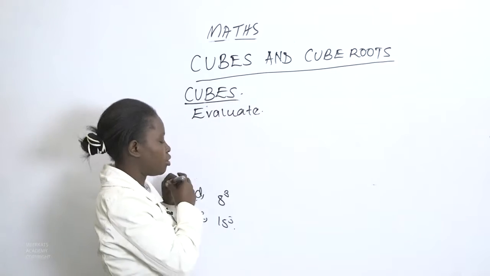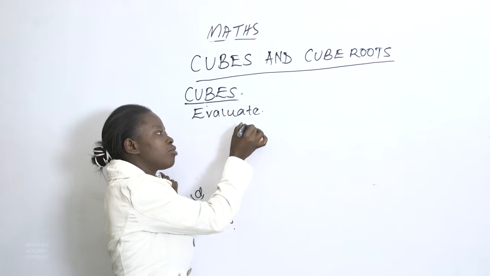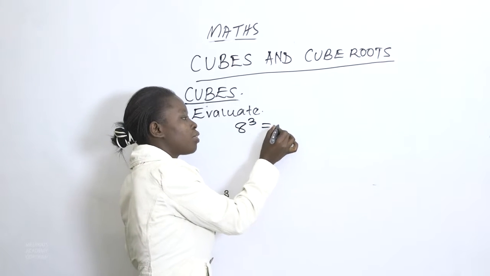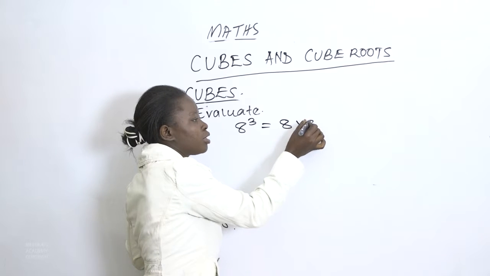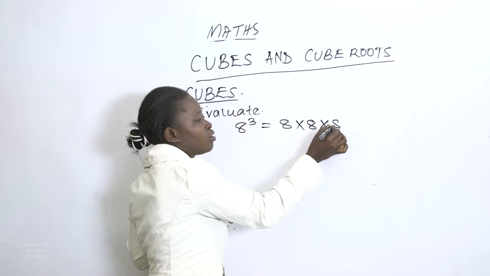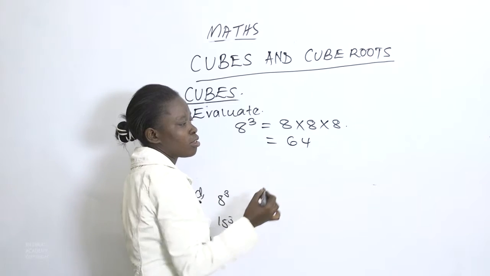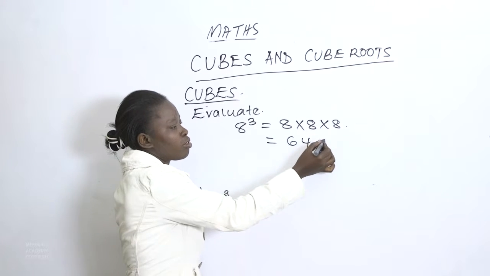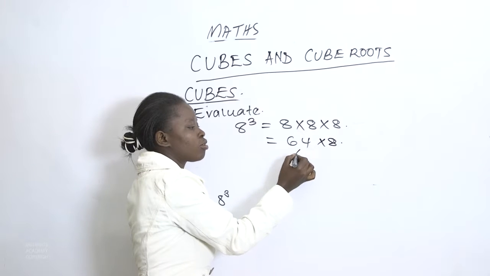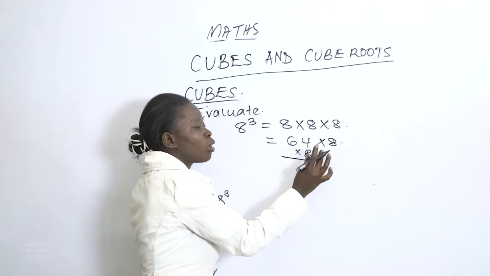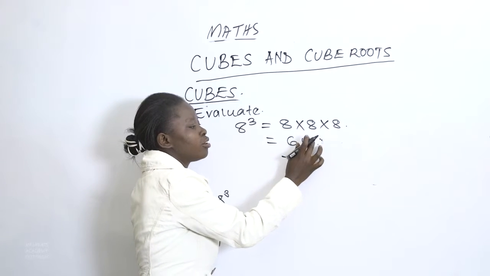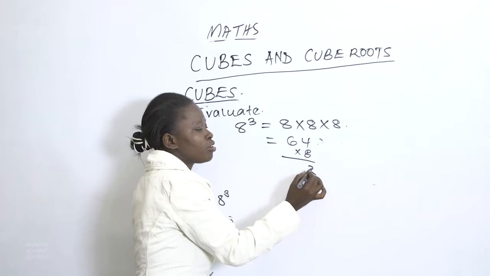Cube of 8. Cube of 8 means that I multiply the 8 repeatedly 3 times. That is 8 times 8 times 8. 8 times 8 gives us 64. Then 64 times 8. So 64 times 8 will give us 8 times 4 is 32.